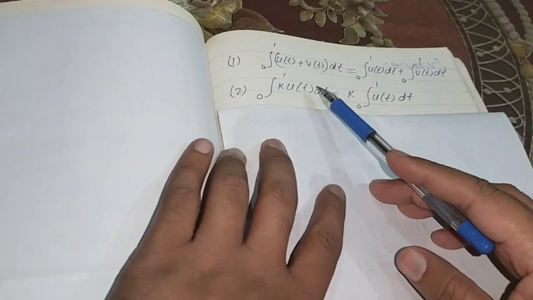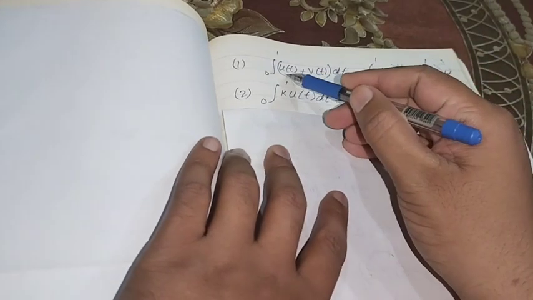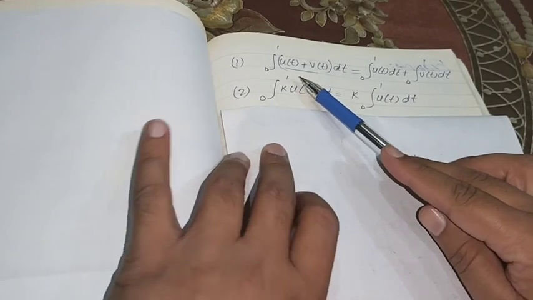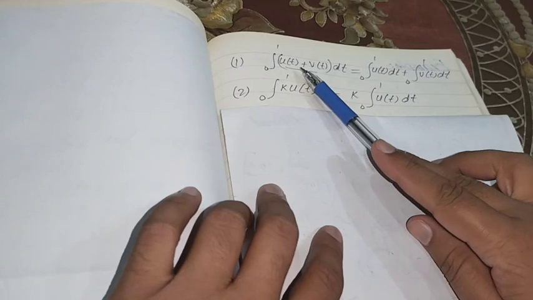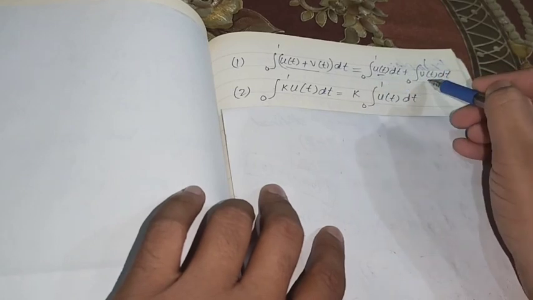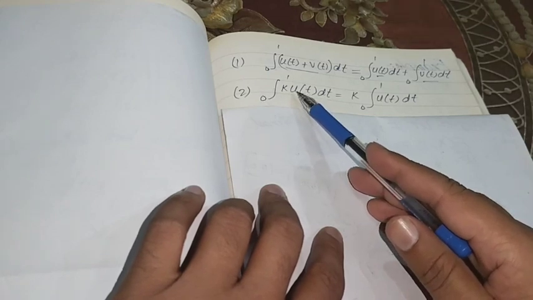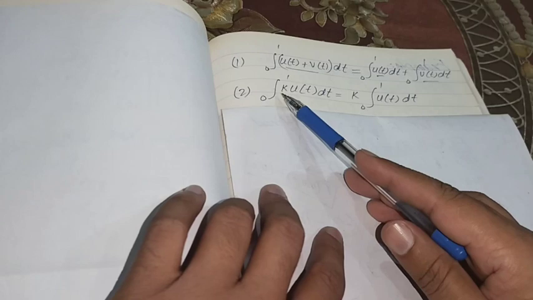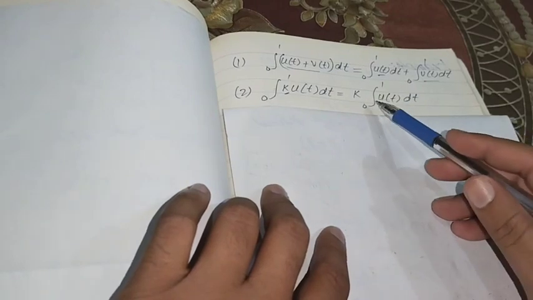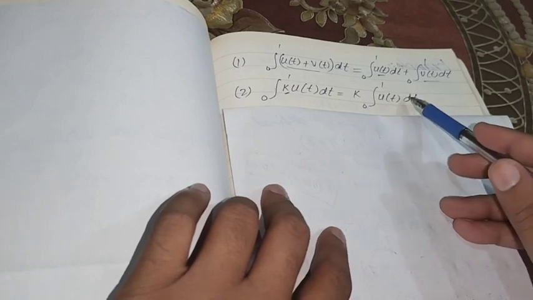When we take the integral of the sum of two vectors, we apply the integral to each separately, the integral from 0 to 1 of u of t dt plus the integral from 0 to 1 of v of t dt. And when we multiply a vector u by k and take the integral, the scalar k comes out of the integral sign, giving k times the integral from 0 to 1 of u of t dt.